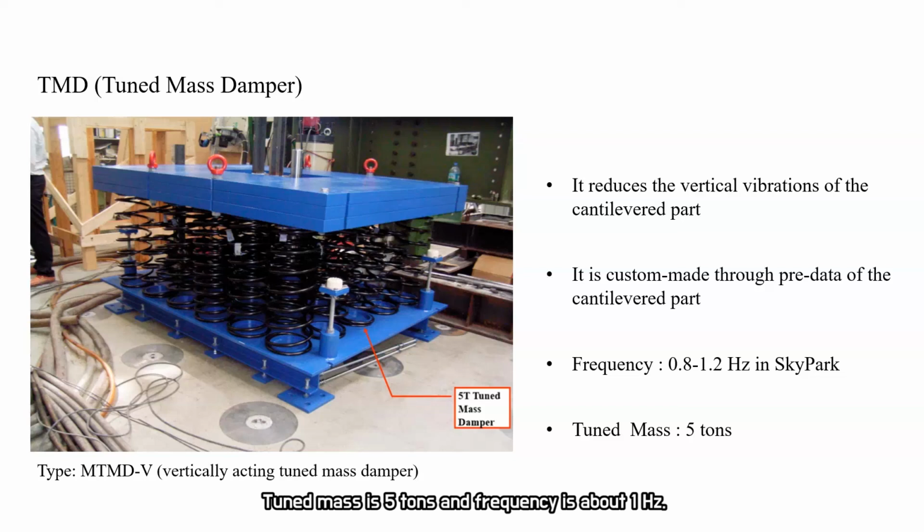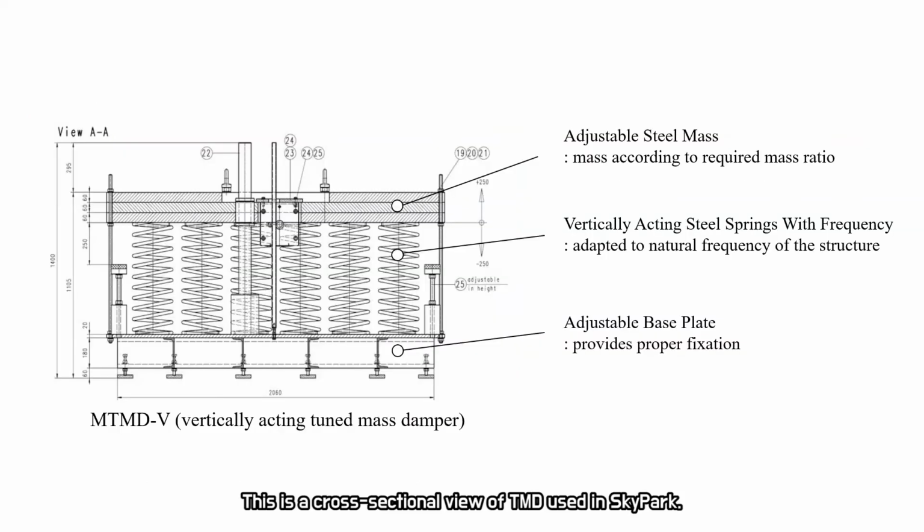Tuned mass is 5 tons and frequency is about 1 Hz. This is a cross-sectional view of the TMD used in Sky Park. There's a base plate for fixation. At the top, there's the required steel mass, and in the middle, steel springs with frequency are located.